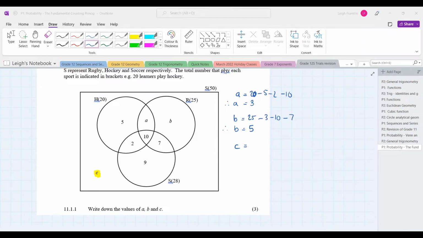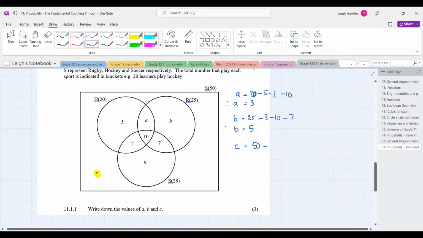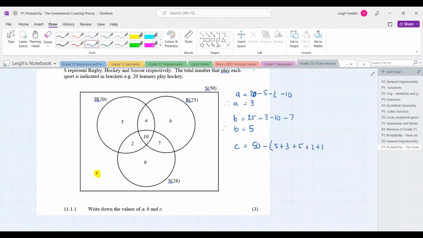There we go, Kanisile, that's it. So we're going to add everything together and we're going to subtract it from 50. So in other words, you've got our total of 50, and then we can subtract from that the sum of everything. So 5 and A and B and 2 and 10 and 7 and 9.